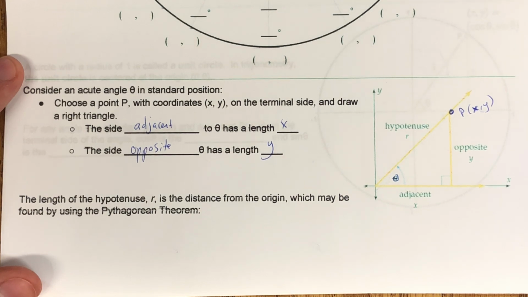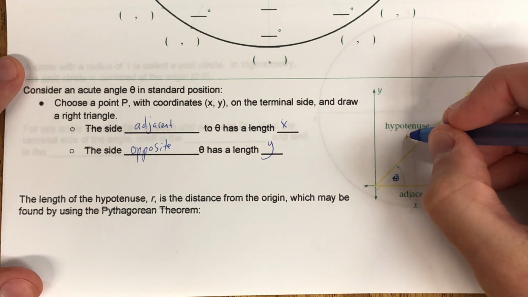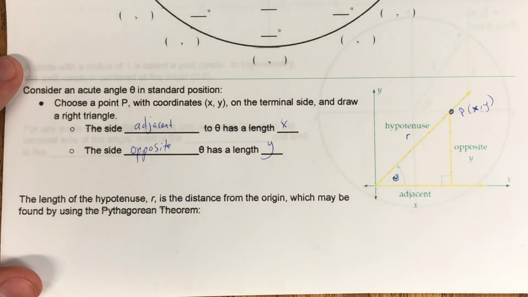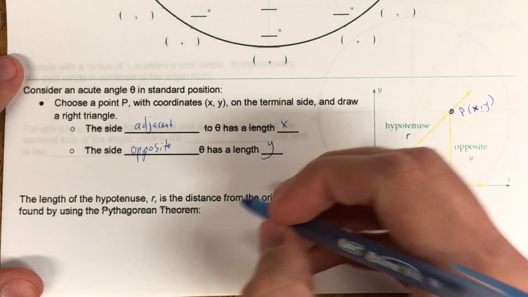In this situation, the length of our hypotenuse we represent as r. We usually use r to represent radius. That's going to come into play in a bit. We can determine the length of r, our hypotenuse, by using the Pythagorean theorem.